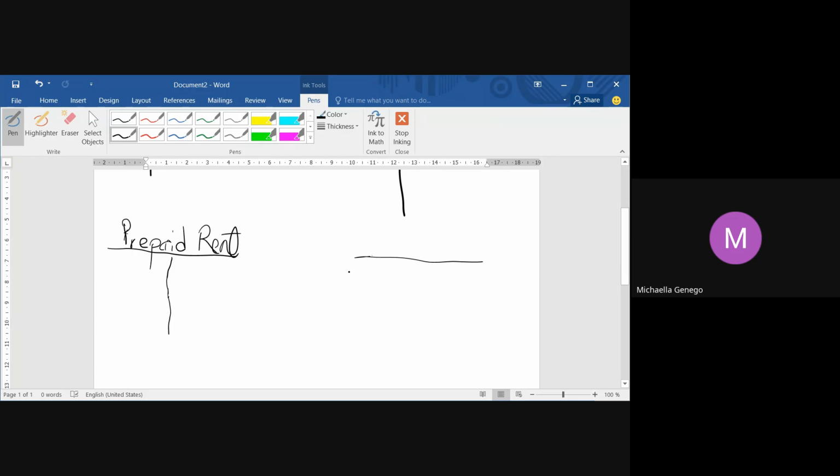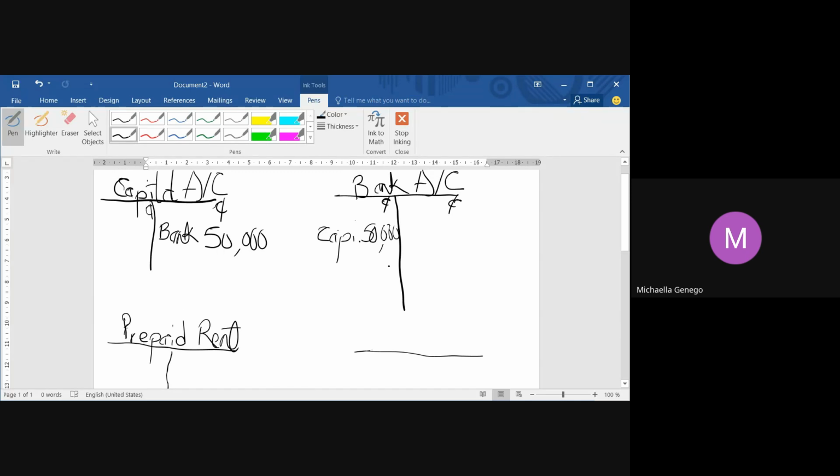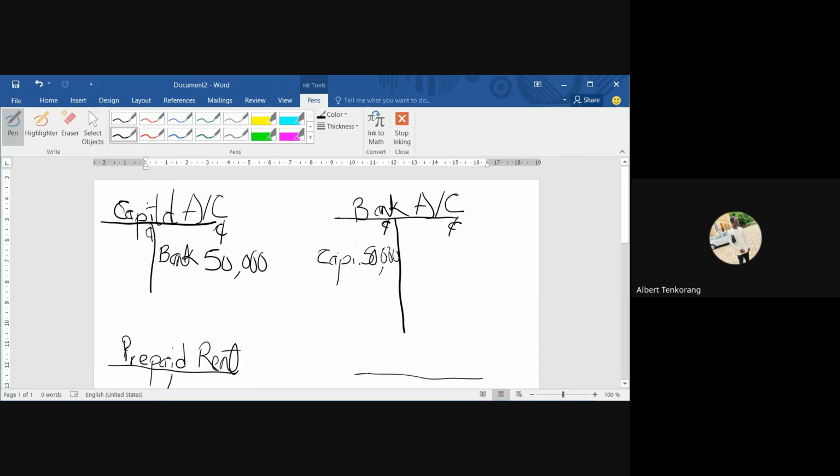What did she pay with? Bank. Okay, so we don't need to open another account. Prepaid expenses are assets. We said prepayments are current assets. Please do remember, prepayment is an asset.